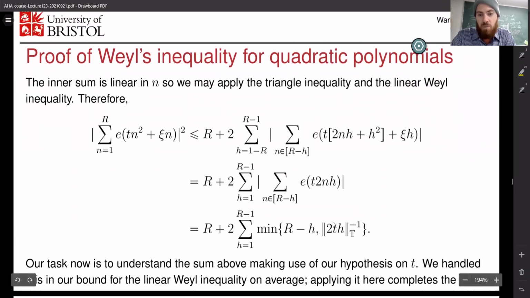And remember, our t was such that t minus a over q is less than q squared. What we do here is we actually throw the 2 onto the h, so that when q is odd, at least, that doesn't have any effect, because 2 just permutes all the values of h mod q, all the non-zero ones, or the coprime ones. And when it's not, it's a very simple modification of the previous thing to get the bound that we need.